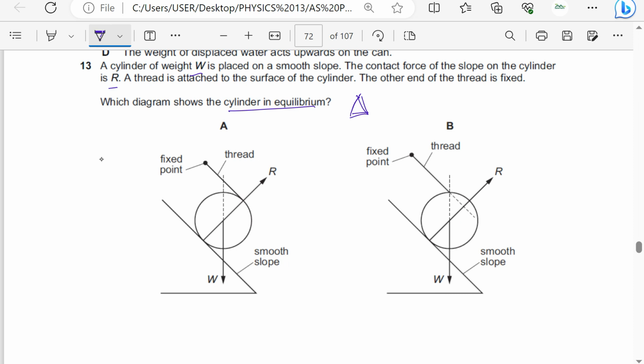So if this is acting vertically downwards, and this is acting in this direction, and this is the thread, so the tension is in that direction. So the question is, which diagram shows the cylinder in equilibrium?